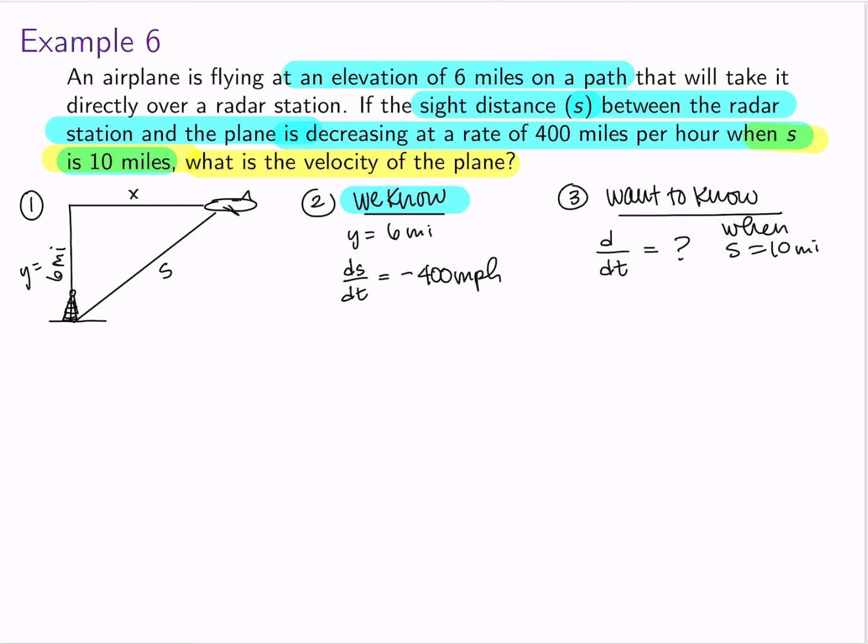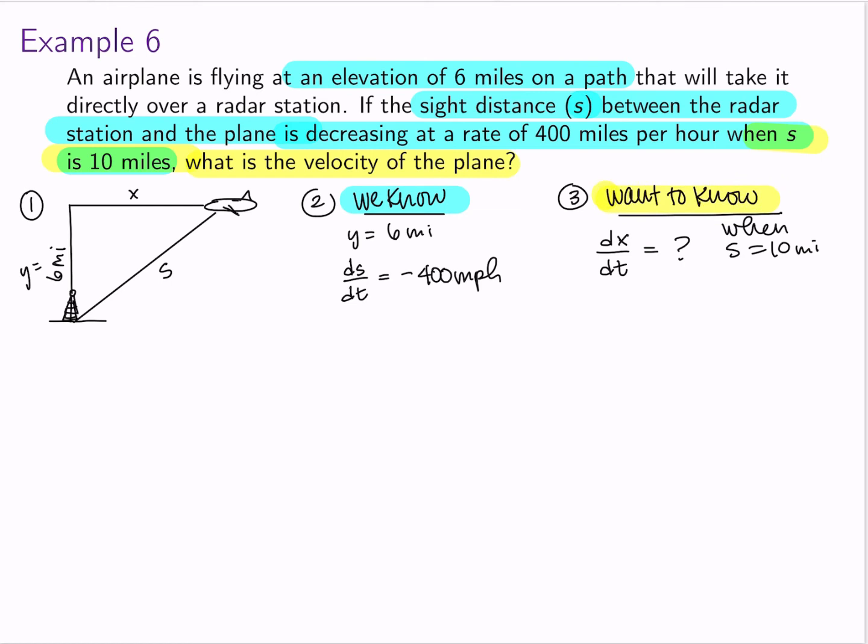What could we think about, what is our velocity if we look at this? Well, velocity is how your distance is changing with respect to time. Over here is the flight path and its distance is x. So its velocity would be how x is changing, how this distance is changing with respect to time. So the velocity is dx dt. That's what I'm looking for when s equals 10. Okay, so that's our want to know.